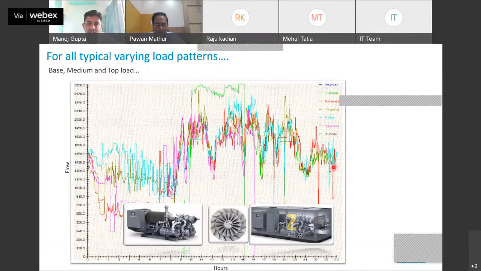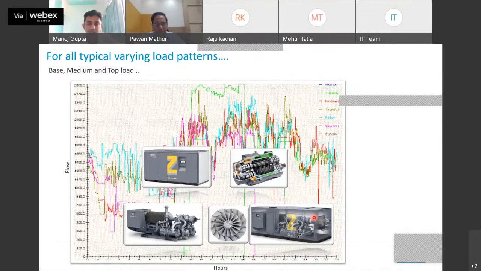So with different demand, we have different technology. For the base demand, we can offer the centrifugal compressor, which is most energy efficient on a continuous load basis. Then for the fixed speed, fixed pattern, we have the screw compressor, which can give load and unload technology, because demand is fixed.